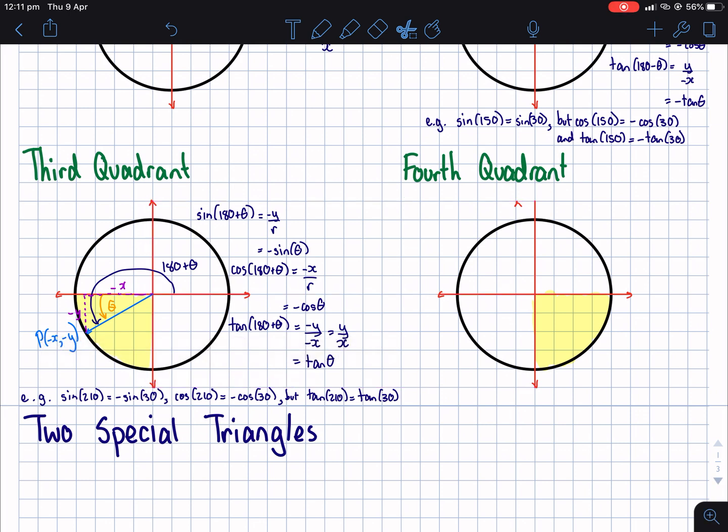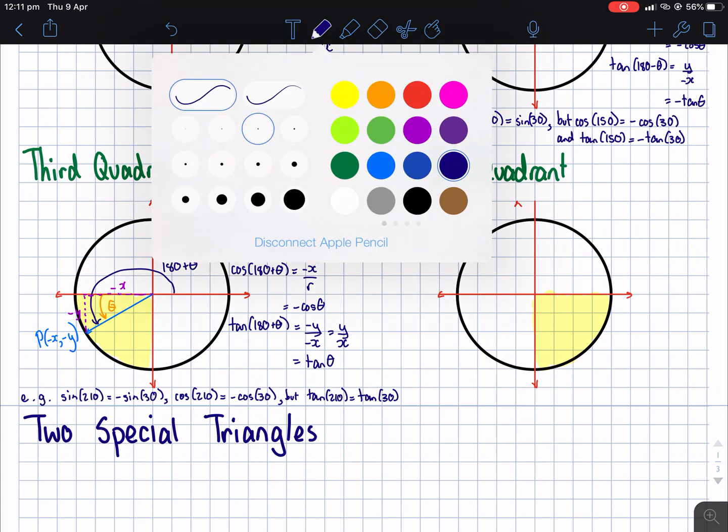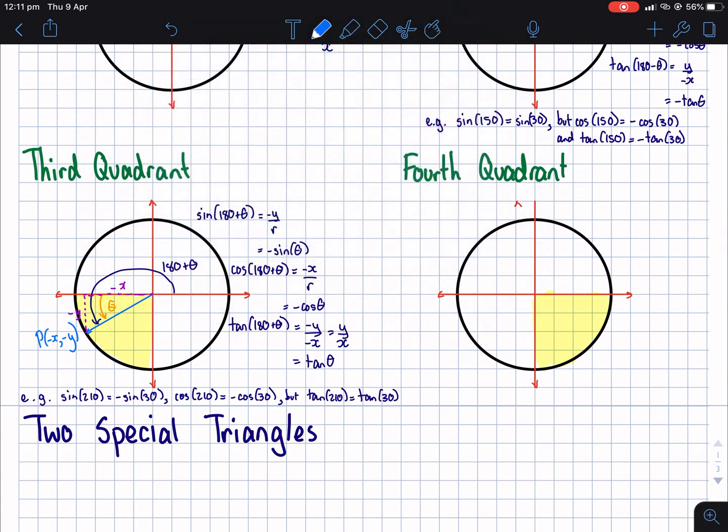Okay. Just trying to fit it all in, hey? And you can probably guess what's going to happen with the fourth quadrant. So now I'm here.